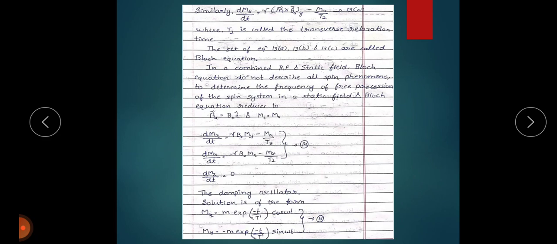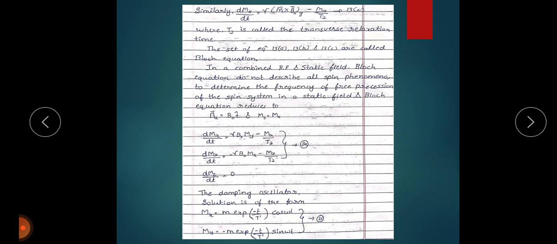To determine the precession frequency of the spin system in a static field B0, the Bloch equations reduce as follows. With the static field along z, the vector B equals B0 into the z vector, and Mz, the magnetization along the z direction, is simply taken as M0.